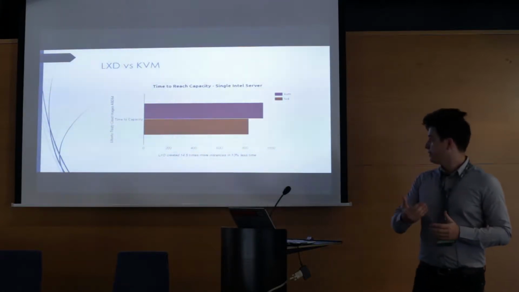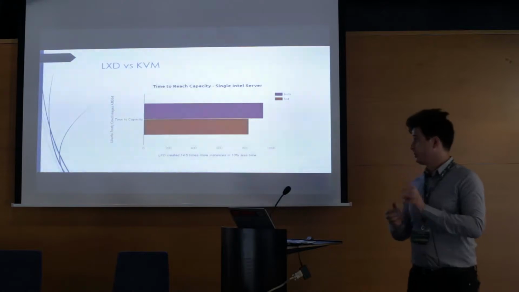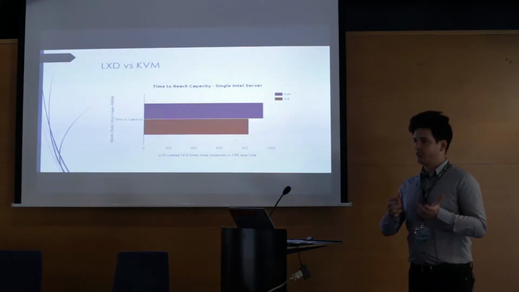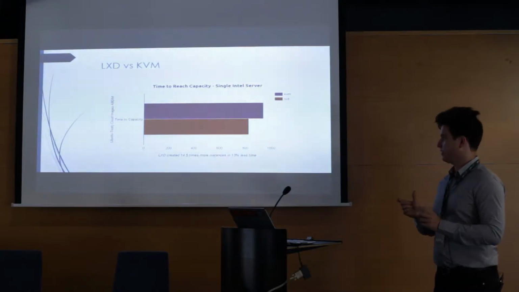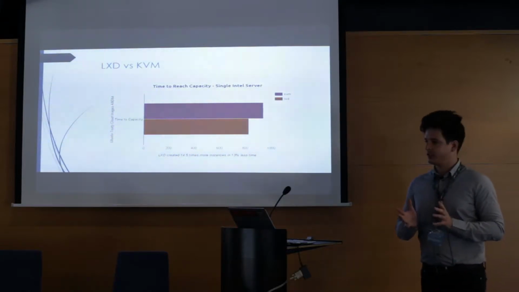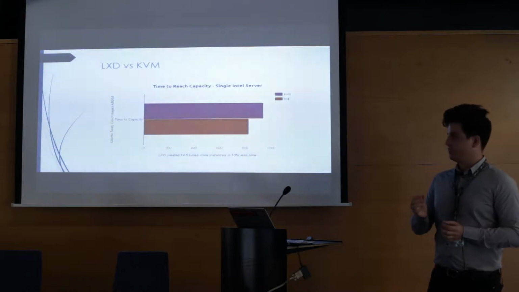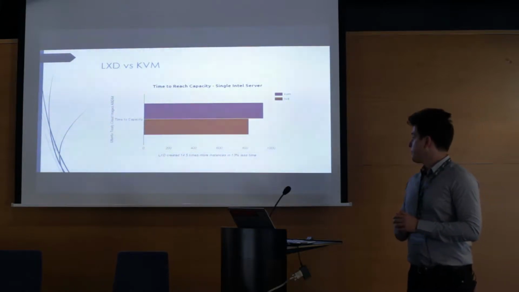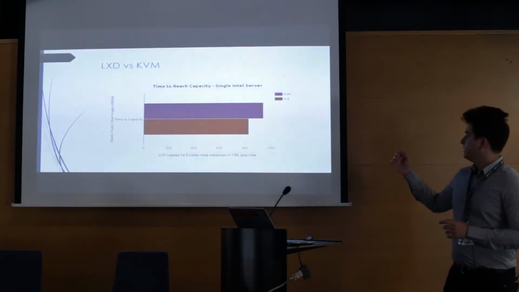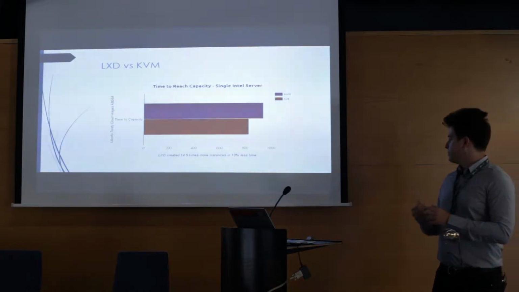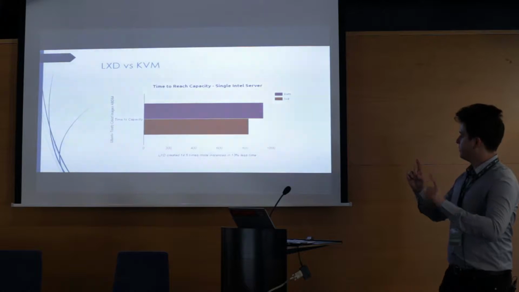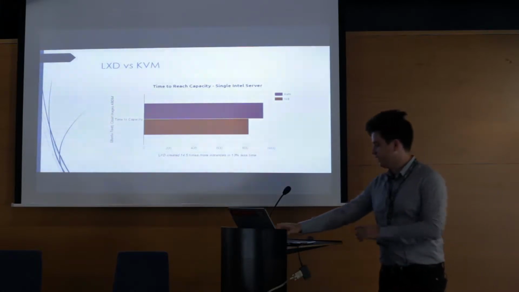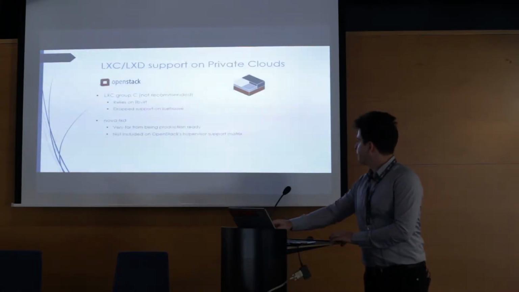Also, the boot time of a container is more or less 1.5 seconds, so a full Linux OS boots up in just that glimpse. All the containers that were launched finished before the virtual machines on KVM. So it was a really nice figure.